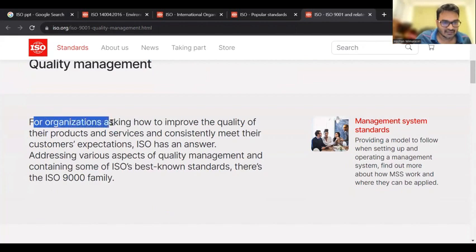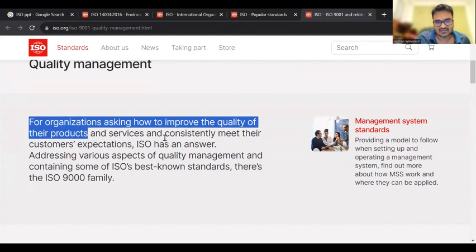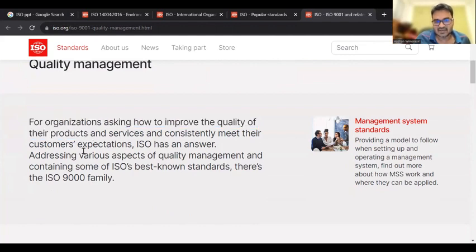For organizations asking how to improve the quality of their product and services and consistently meet their customers' expectations, ISO has an answer. එතකොට මේකෙදි කියන්නේ ආයතනයකට තමන්ගේ customers ලා බලාපොරොත්තු වෙන විදිහට product and services හැමදාම meet කරන්න. ඒ කියන්නේ හැමදාම customer expect කරන විදිහටම දේවල් එයාට ලබා දෙන්න ඕන කියලා ආයතනයකට හිතුනොත් ISO වලට ඒකට තියෙන solution එක.